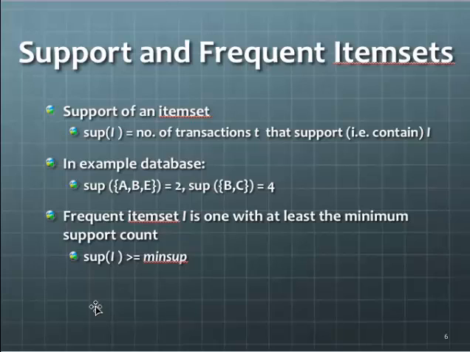So the support count of the frequent item set I should be larger than or equal to a predefined minimum support count. Okay, it seems not very difficult to understand the support count.